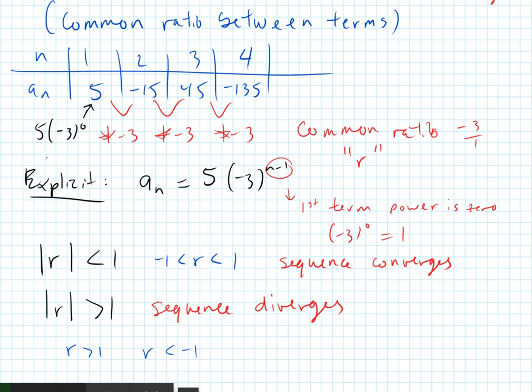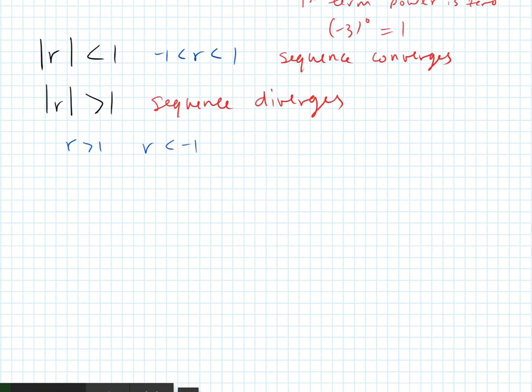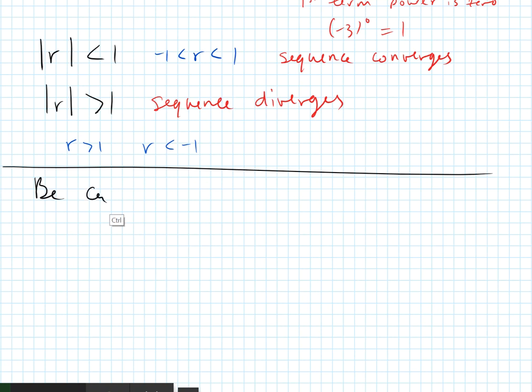Now, the one thing you have to be careful about in all this is oscillating behavior. Be cautious with oscillating behavior, because sometimes it converges and sometimes it doesn't. If I have something like a sub n equal to sine of n, you have to think about what the sine curve looks like.